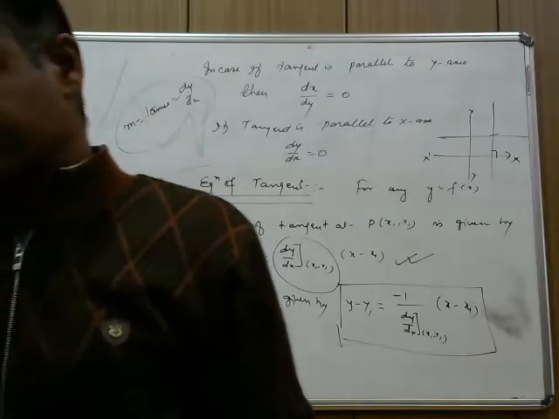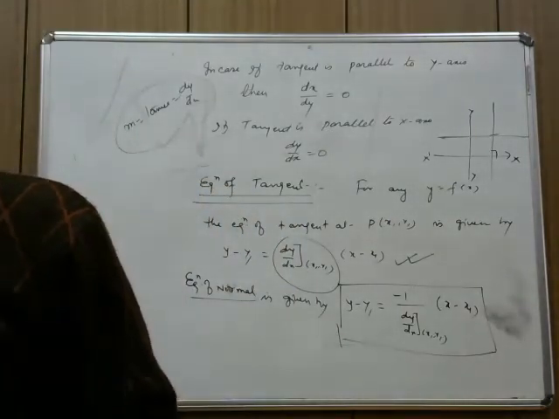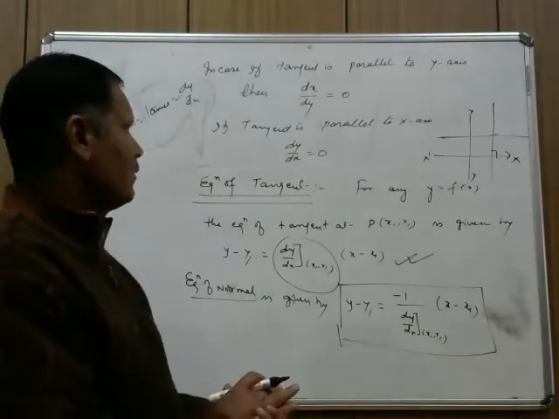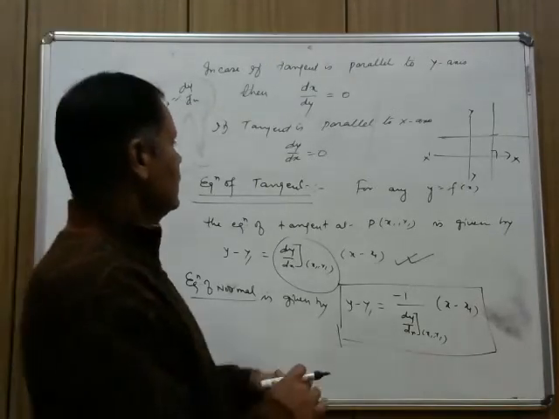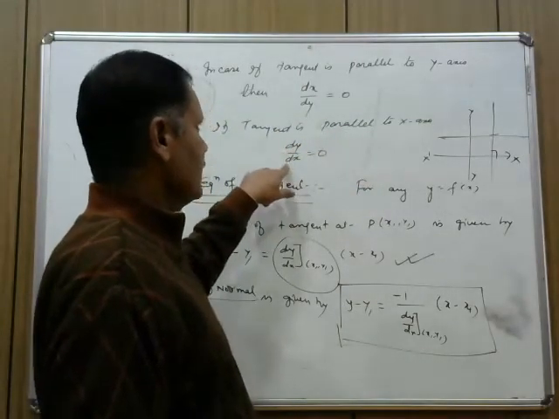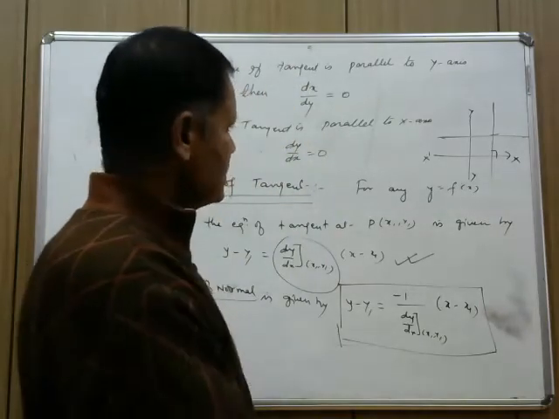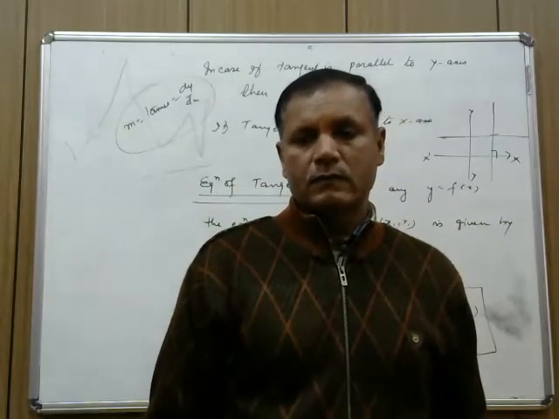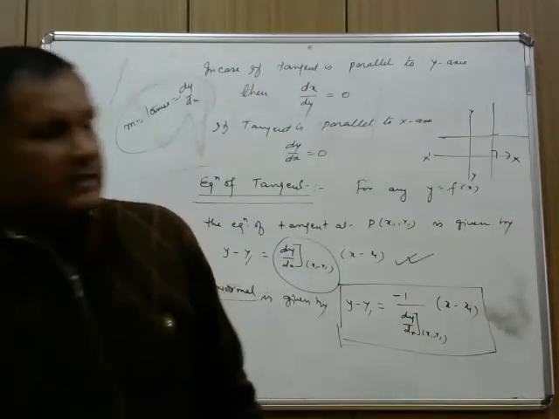And that means when tan theta is equal to 0 or when tan theta is not defined or infinity, in that case for the equation of the tangent, in case of parallel to the x-axis we put dy by dx equal to 0, and in case of parallel to the y-axis put dx by dy equal to 0. Okay, this is the whole concept for this chapter, tangent and normal. Now let us see the questions.